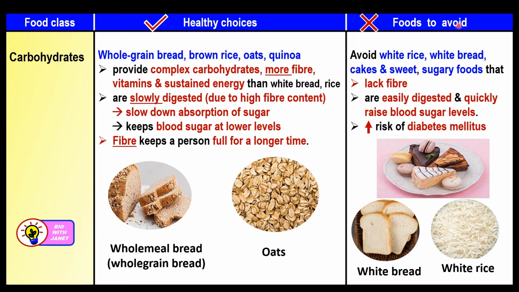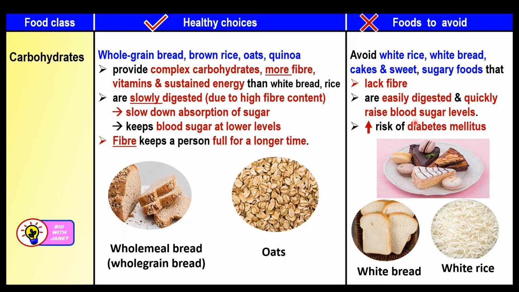Now, foods to avoid. Avoid white rice, white bread, cakes and sweet sugary foods. Okay, they're also made from refined flour. Now, all these lack fiber. Okay, they lack fiber and they are more easily digested than the whole grain foods. So when they are digested, the sugars formed will quickly be absorbed into the blood.